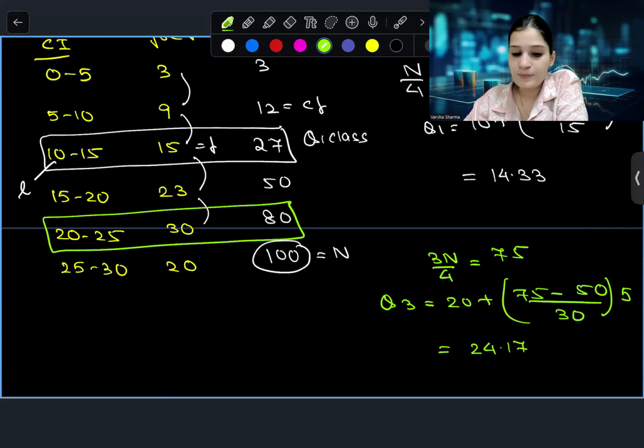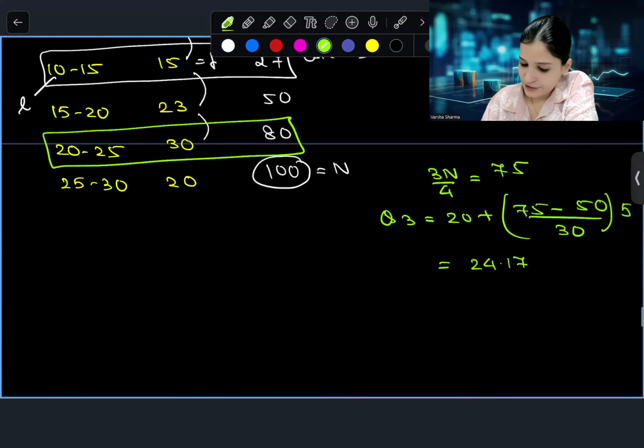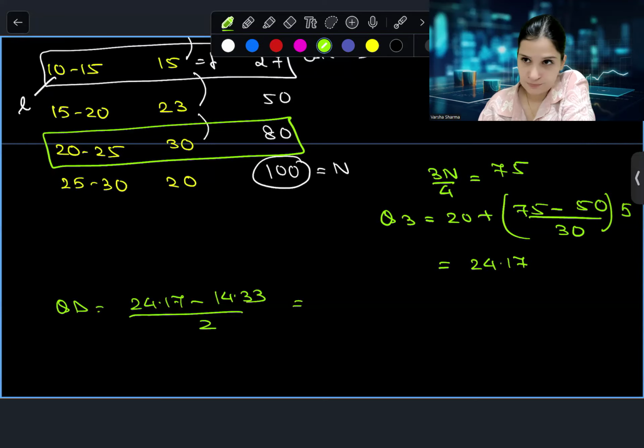Approximation. So now quartile deviation is (Q3 minus Q1) by 2. Answer: 4.9. That's fine.